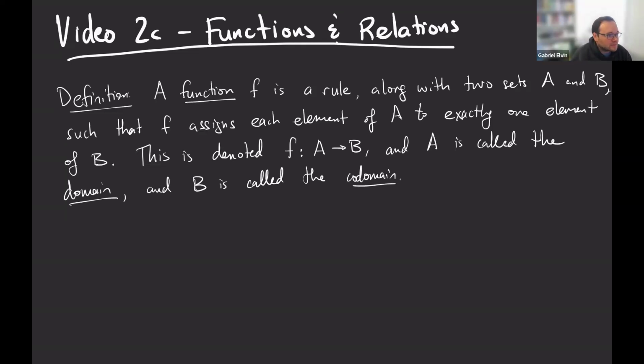So let's see some examples. Some you've seen before that you have been told are functions, and some you've seen before that you maybe haven't been told are functions. Okay. So f of x equals x squared.